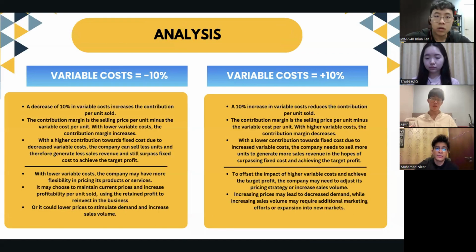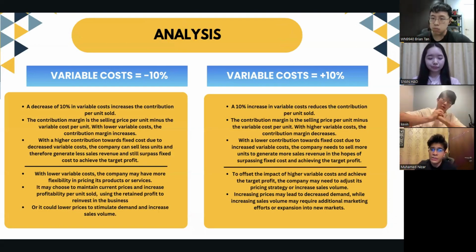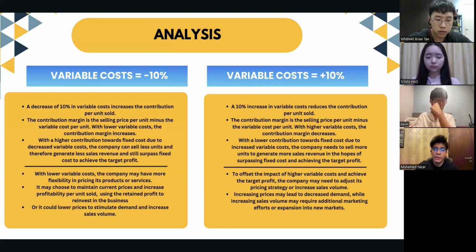So for my analysis, we'll discuss how these changes in variable costs impact a company's financial performance. A 10% decrease in variable costs increases the contribution per unit. The contribution margin is calculated as the selling price per unit minus the variable cost per unit. With lower variable costs, this margin increases.